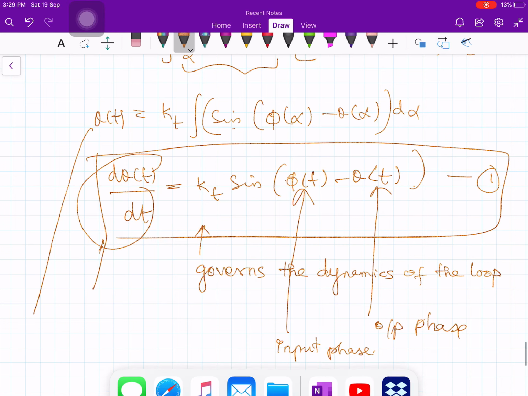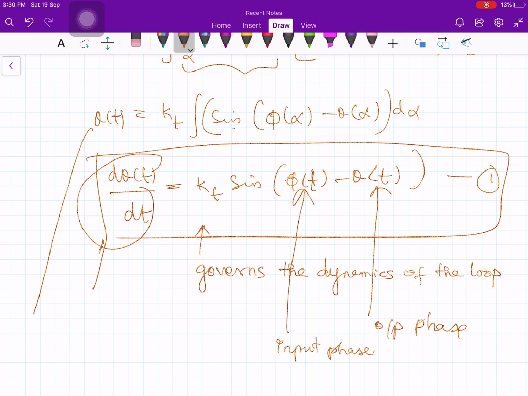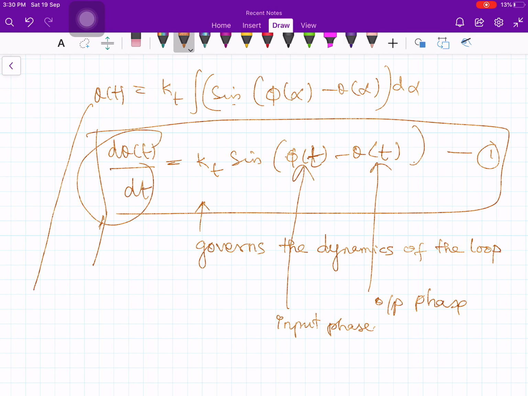If I know how to solve this equation 1, how it will behave, that will give me an understanding of how theta of t varies with respect to phi of t with respect to time. That is what I need to study. Unfortunately, because this is a non-linear equation, it is very difficult to study.